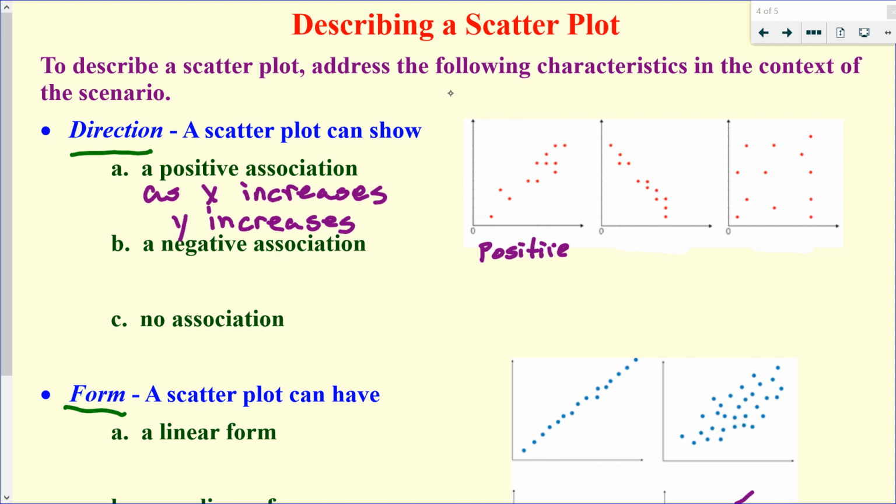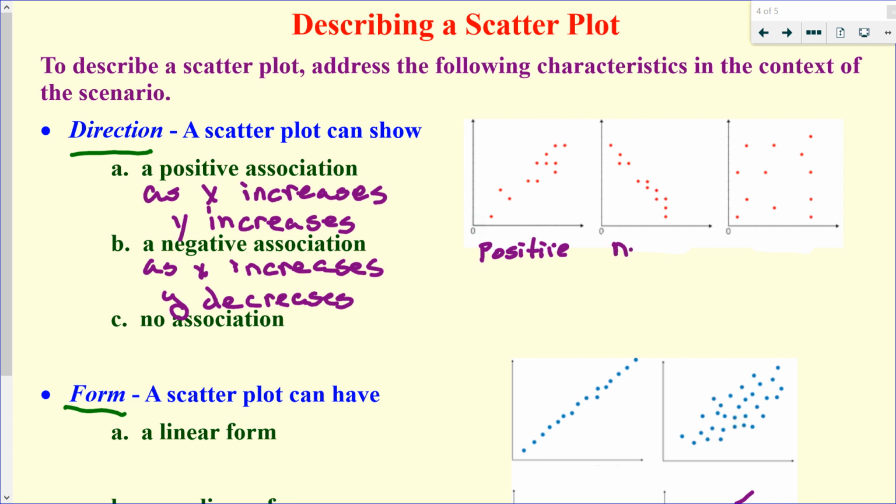Now, in negative association, exact opposite. As x increases, we can see the pattern that y is decreasing. Which is our second example here. As we're going further to the right, we can see that the dots are becoming lesser and lesser on the y-axis.